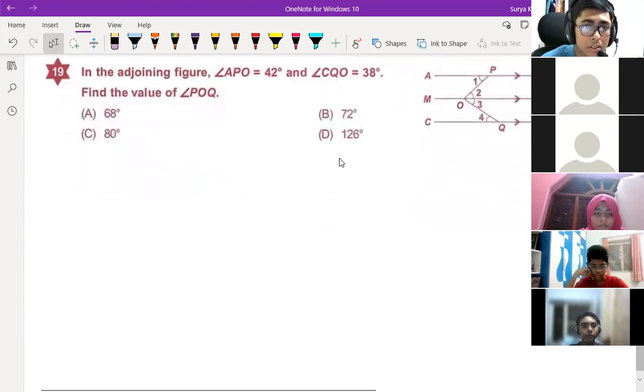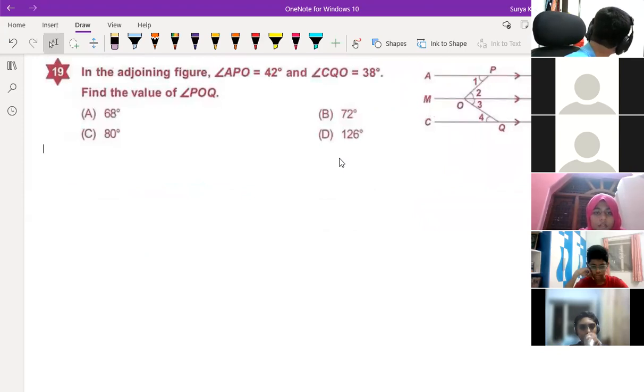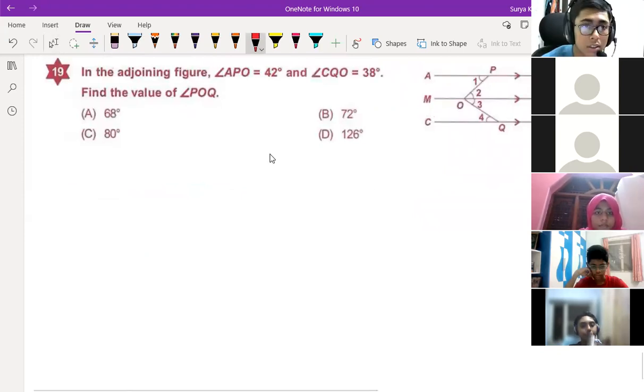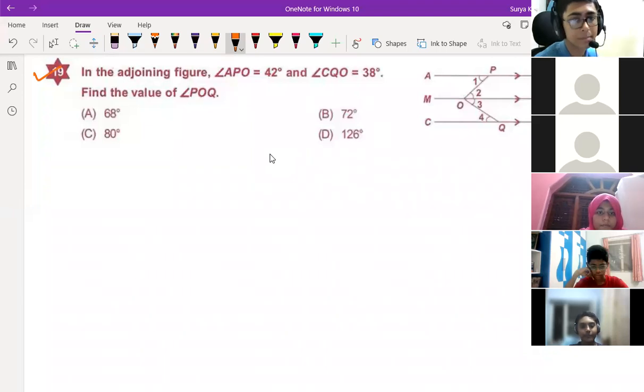In the adjoining figure, angle APO is equal to 42 degrees. Angle CQA is 38 degrees. Find the value of angle POQ.